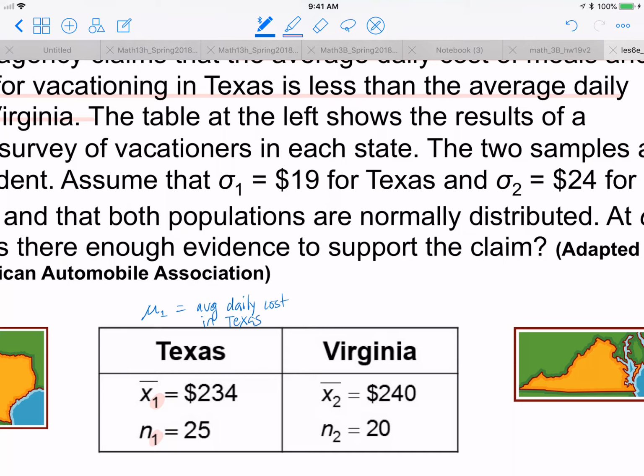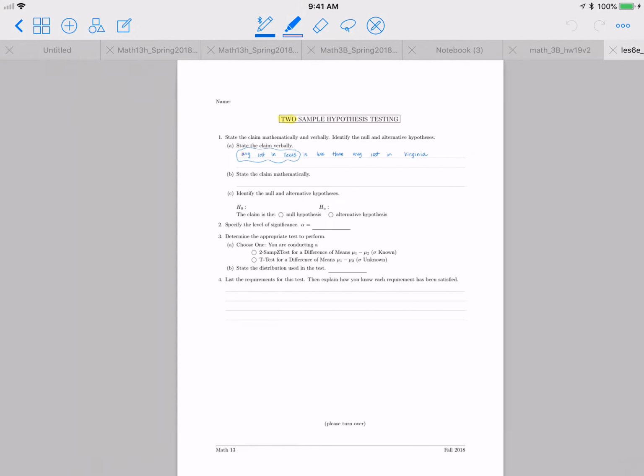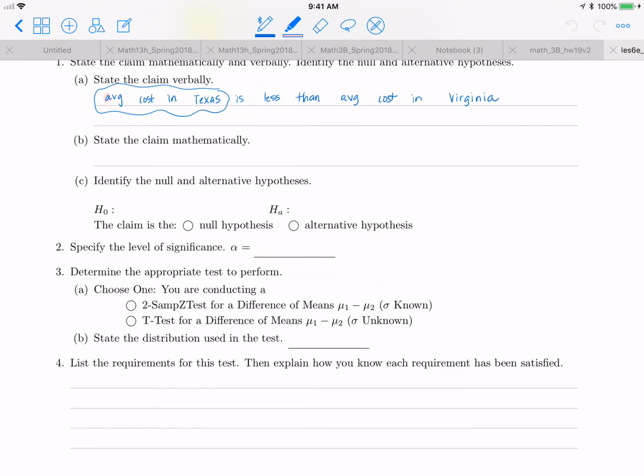And then we want mu 2 to be the average daily cost in Virginia, just so we can keep with the standard. If everything revolving around Virginia has a 2 subscript, let's carry that through in our notation. So stating the claim mathematically, mu 1 is less than mu 2.